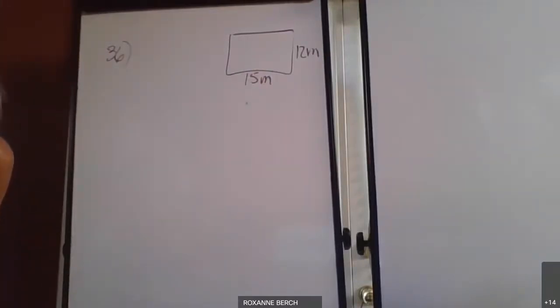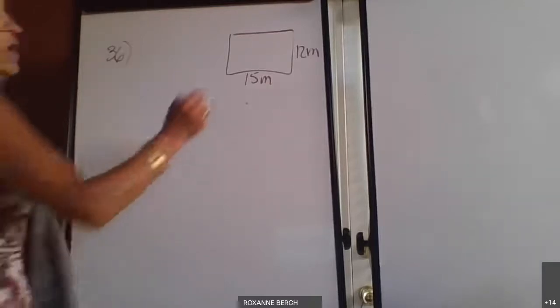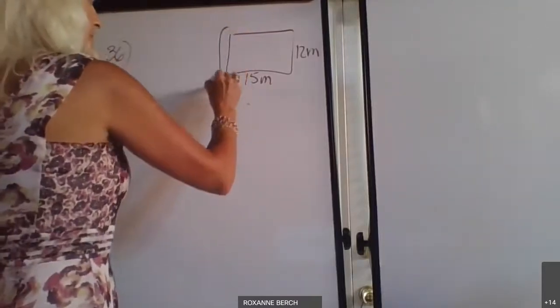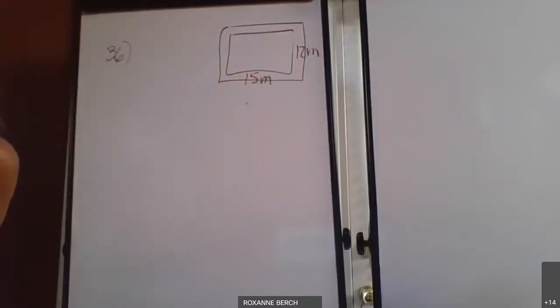So on 36, a vacant rectangular lot is being turned into a community vegetable garden measuring 15 by 12. A path of uniform width is to surround the garden, I guess for people to walk around.